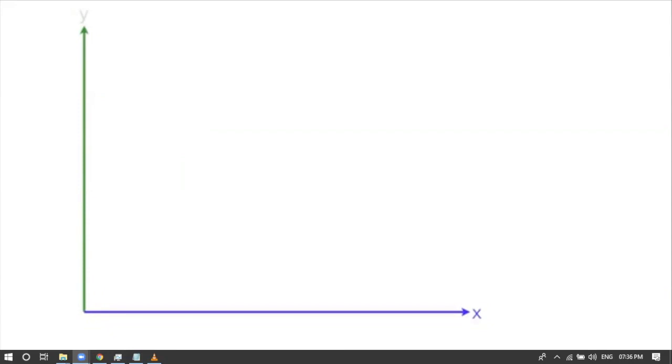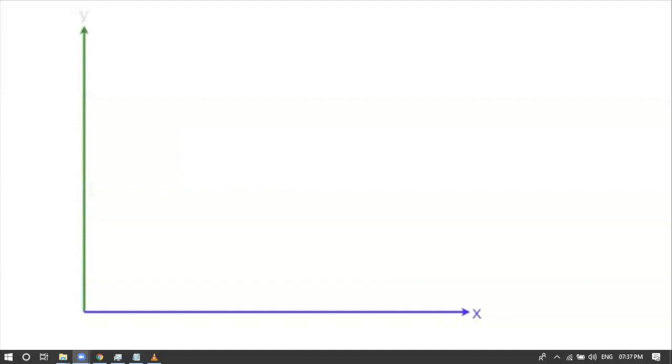So what we do in linear regression is we have lots of previous data, which will be plotted on a graph, and we try to find the best fit line, a line which tries to go through most of the points in the graph.